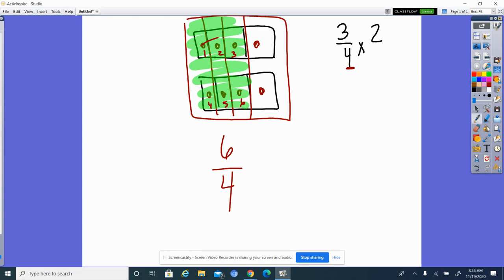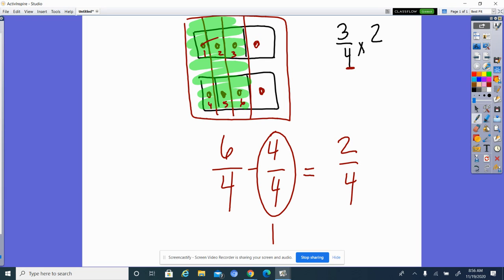6/4. Right? Can we leave it like that? No. So we can either divide or take out a whole. What do you want to do? Take out a whole. 6/4 minus 4/4 equals 2/4. Can I take out another whole?